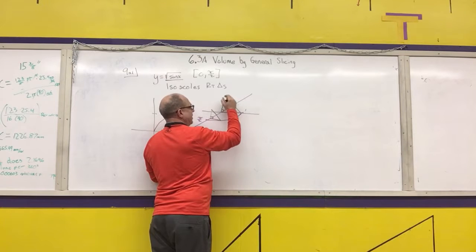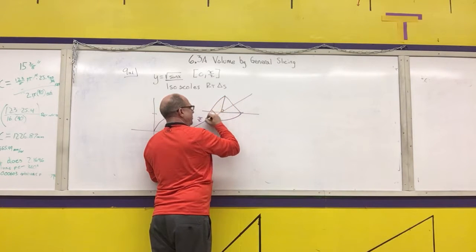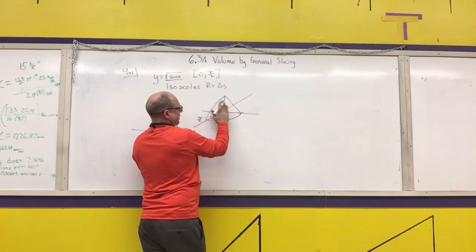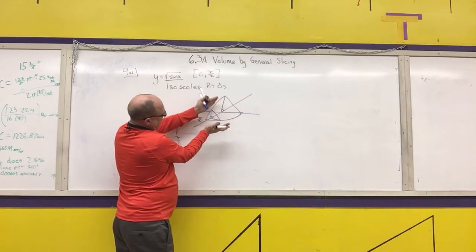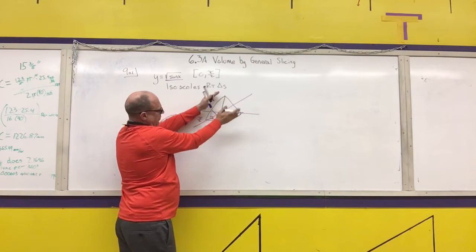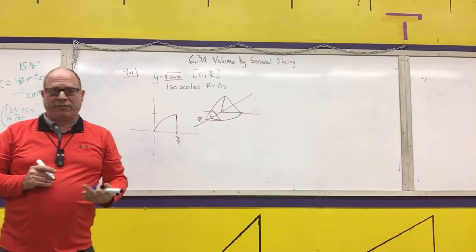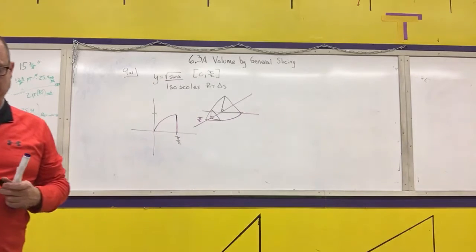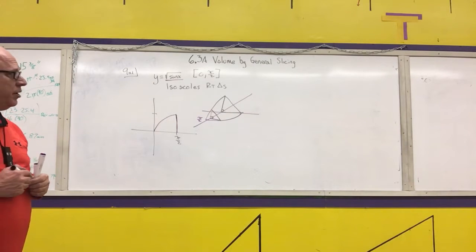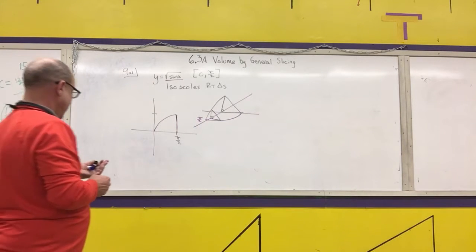And all these isosceles right triangles are going to connect to each other. So you're going to end up with a shape that has a flat side here, flat side on that side, flat side on the bottom, flat side there, but whose cross sections are isosceles right triangles. And again, they have a very good picture of it on page 430 on your problem number 9.